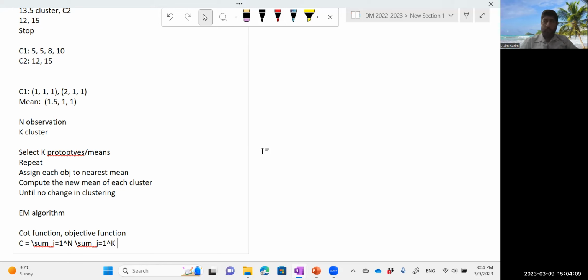And then we have this summation here, distance function. I'm writing in terms of distance function d, x object i, and then m, the mean of cluster j, ठीक है.